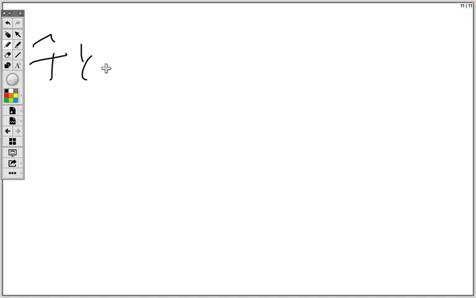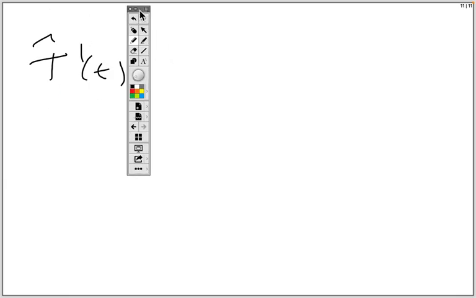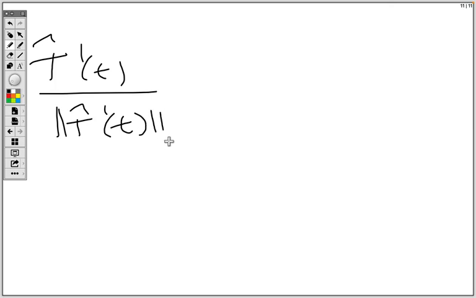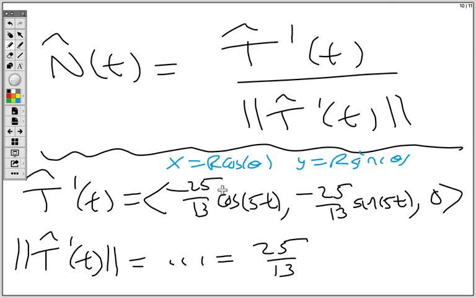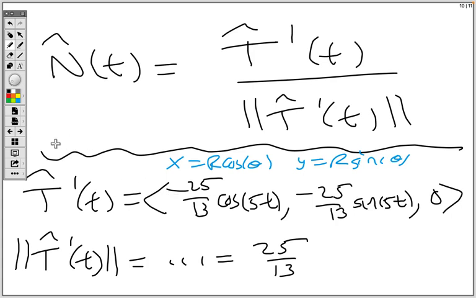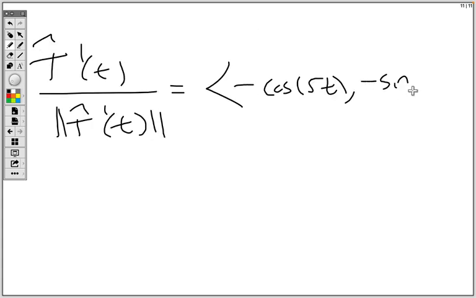So t hat prime of t divided by the magnitude of t hat prime is going to be each component times 13/25. So we get some cancellation there. Minus cosine of 5t, minus sine of 5t, and 0. And that's our n hat.